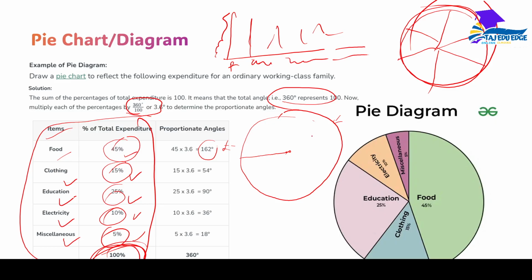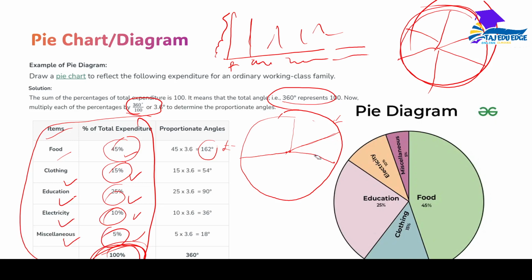If I keep the protractor here, I may get it somewhere here, that is 162 degrees, because here it is 90, here it is 180, so it may fall somewhere here, not here. I hope that you have learnt it in school days.